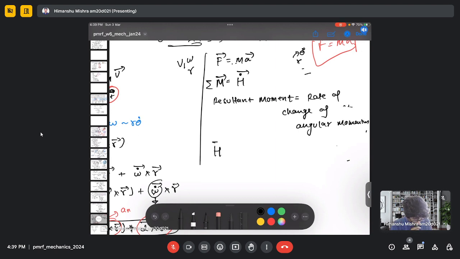Your angular momentum can be given as your position vector, let's say rho, cross mass times rho dot.